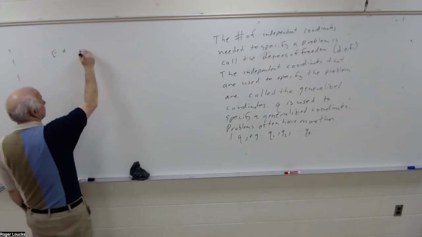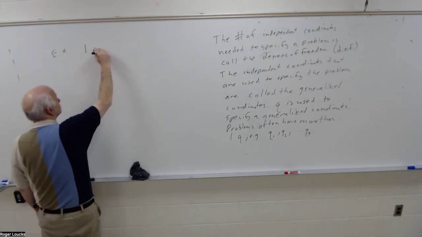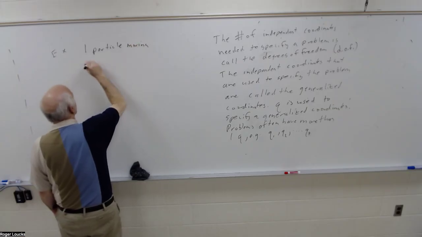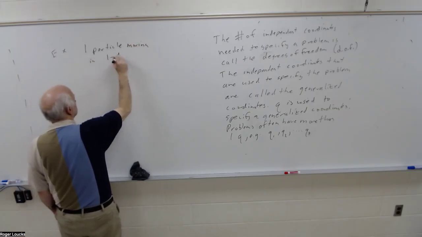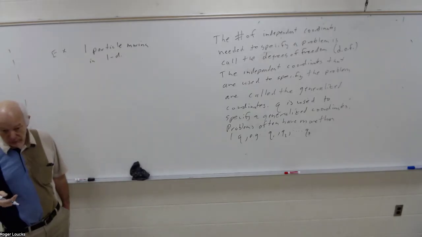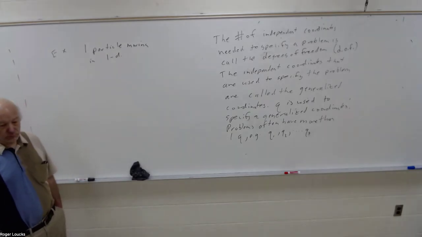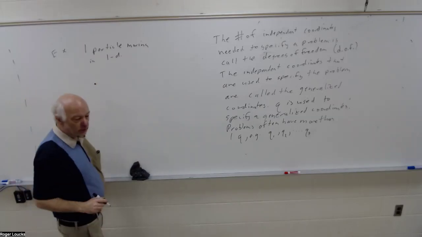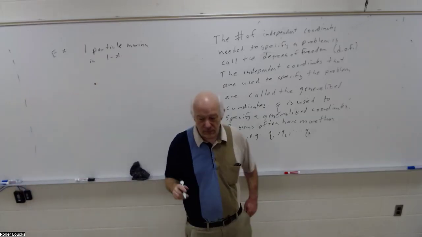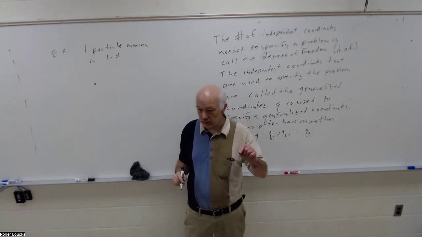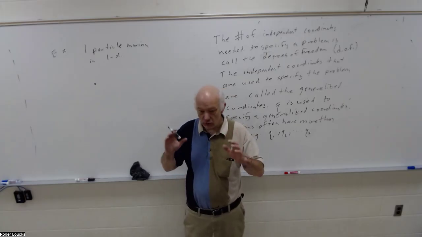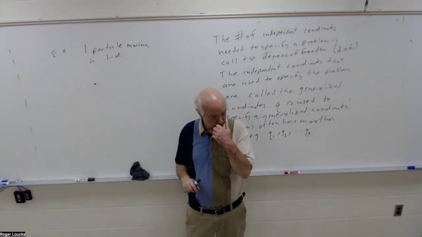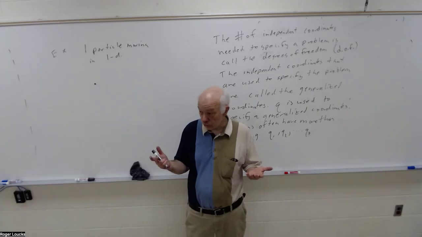So let's take an example. Let's take one particle moving in 1D. It's moving like this. How many coordinates do I need to specify that? Meaning, if I give you that coordinate, you can actually draw that picture. One, just the x coordinate.